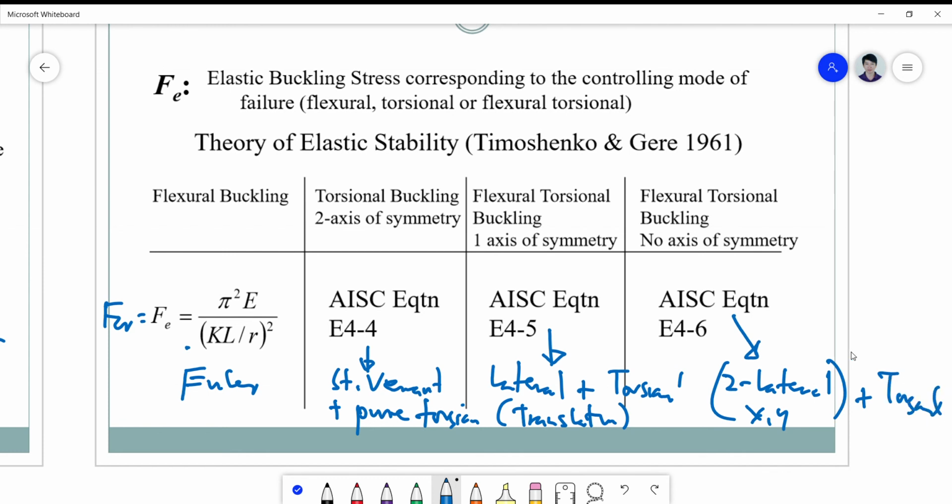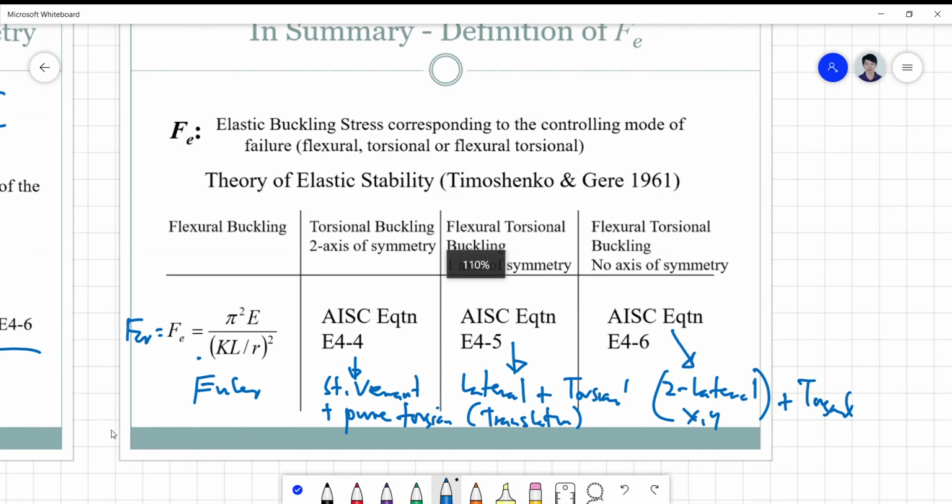Okay, so that's the summary of all the formulas you may be needing. You may be needing only one, or you may be needing only this, or this, in combination, of course, of the properties of the section.